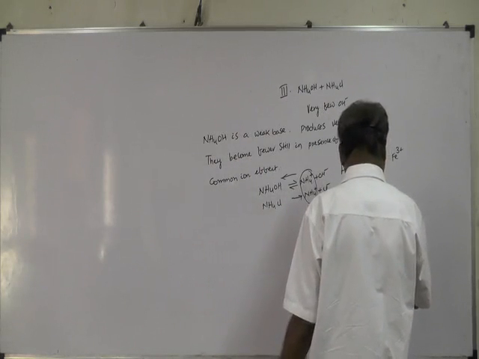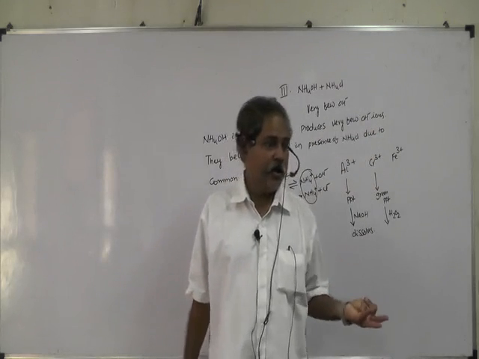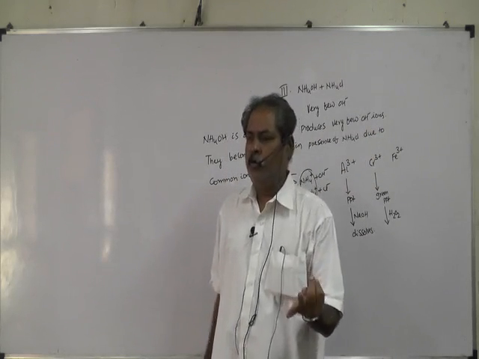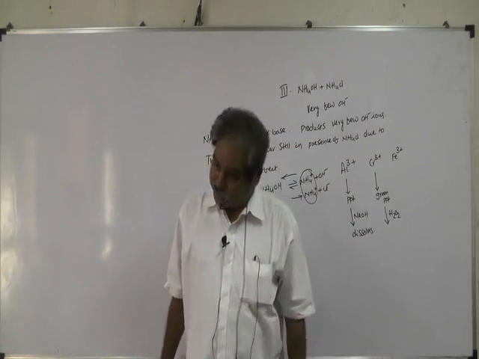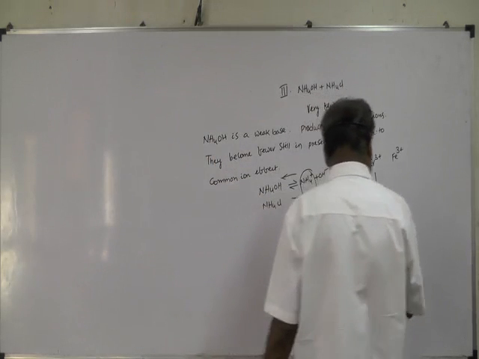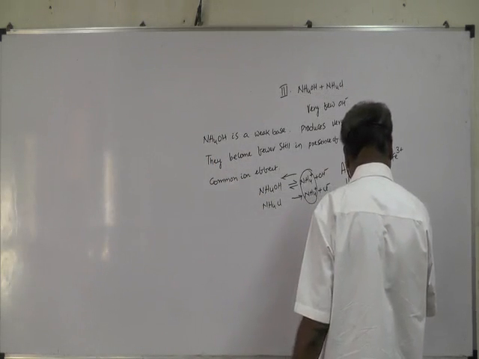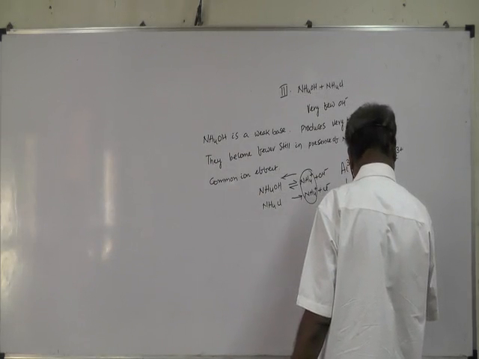Who is H2O2, my dear friends? Oxidizing agent, reducing agent, bleaching agent, antiseptic, water purifier, what not? Now, you get CrO4 2-, chromate, and chromates are yellow.